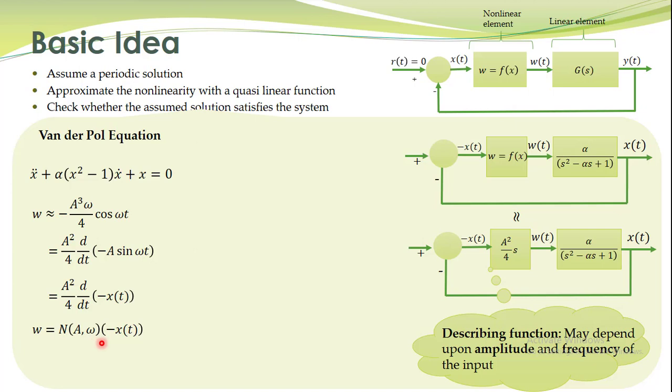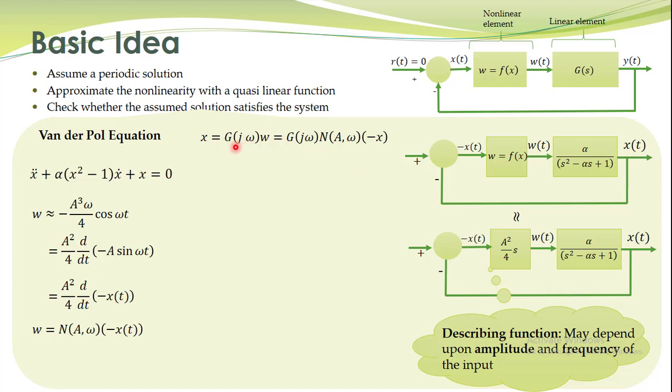With this approximation, this differential equation is approximately equal to this equation. This differential equation and this block diagram are the same, right? And this block diagram is approximately the same as this one, and this block diagram is described by this equation. What is this equation? X is equal to this transfer function multiplied by the input to this thing.